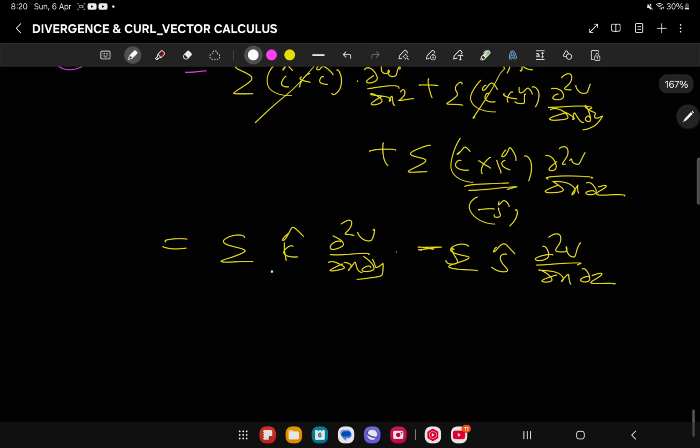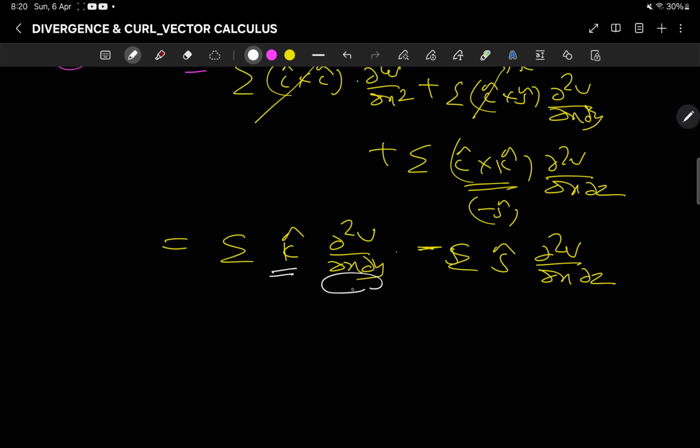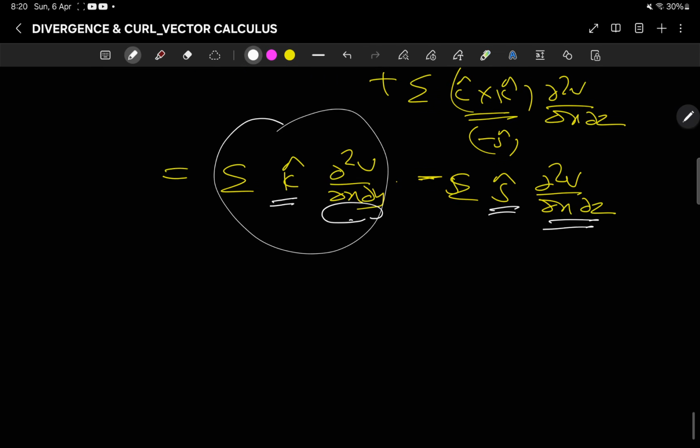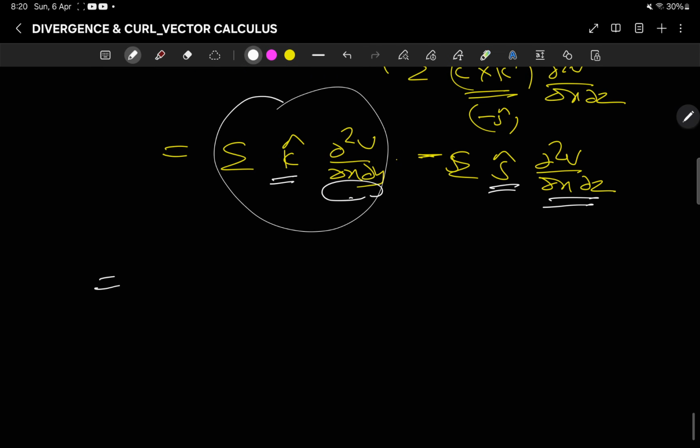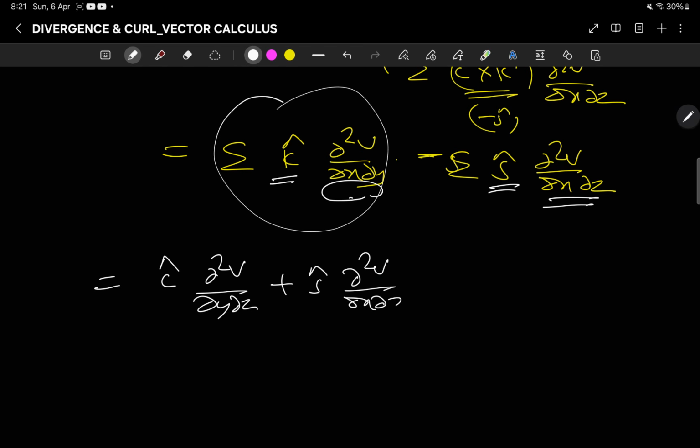So when there is k, z is missing, when there is j, y is missing, so we split it separately. So this is equal to, you can write, i cap del square v by del y del z plus j cap del square v by del x del z plus k cap del square v by del x del y. So this is expanded.